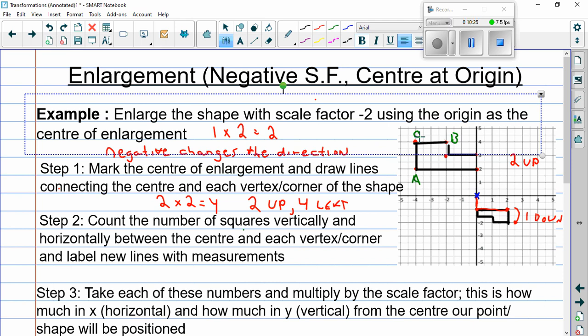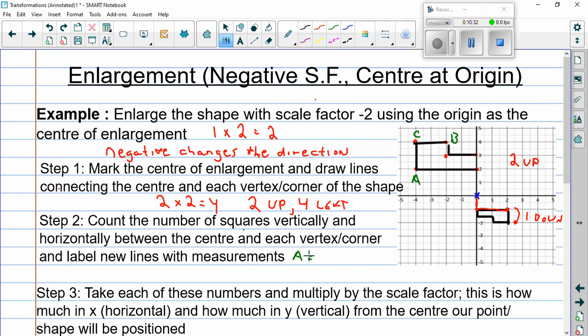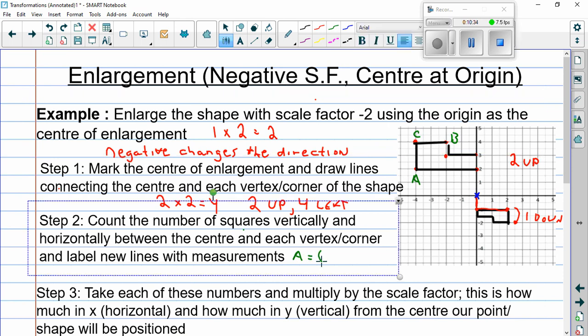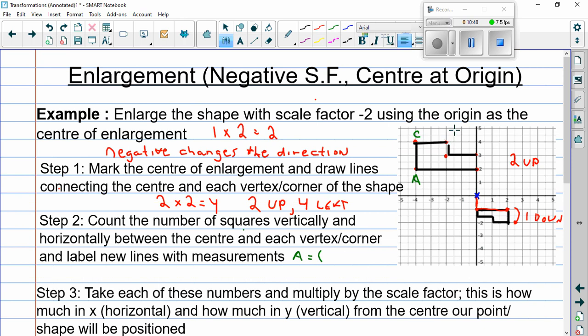So with A, we're going to see if it lines back where we want on our original shape. Actually, sorry, change of thought. Let's do our original, because we already have our scale factor.